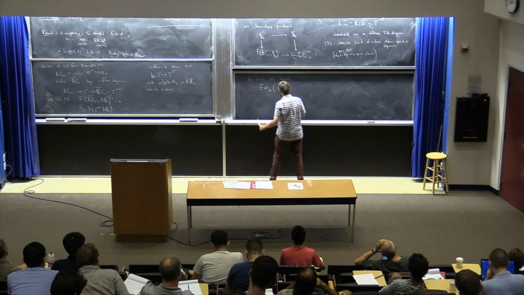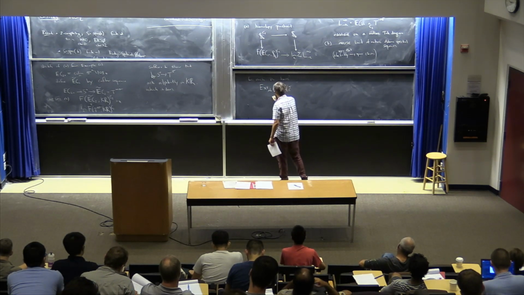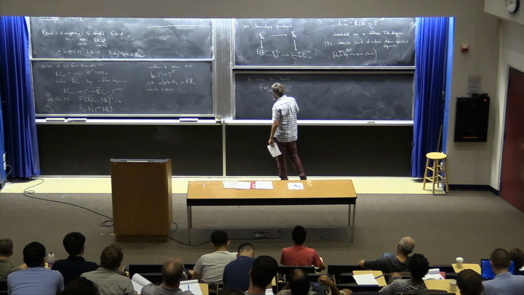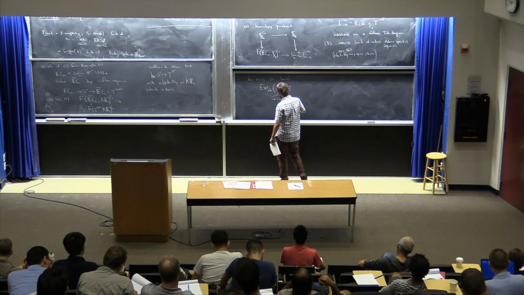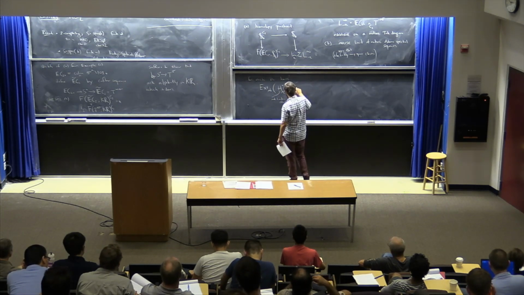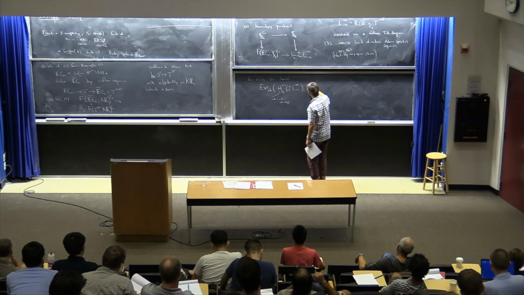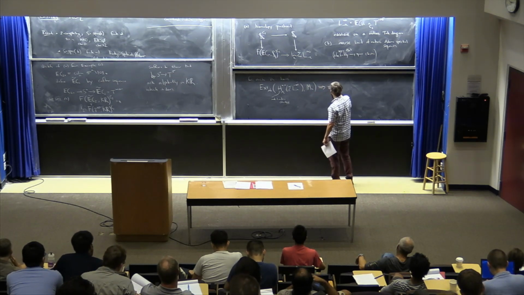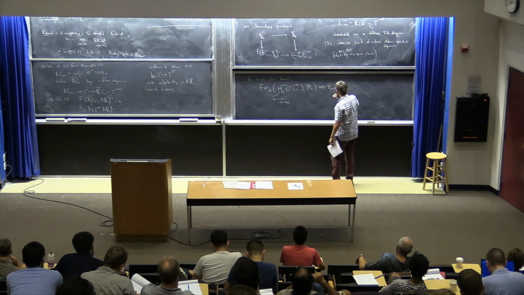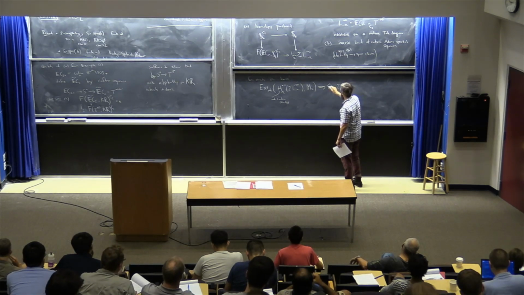I guess I'll write it like this. So this is going to be mod 2 motivic cohomology. This is the coefficients. This is converging to the homotopy groups of the 2 eta completion of this guy.